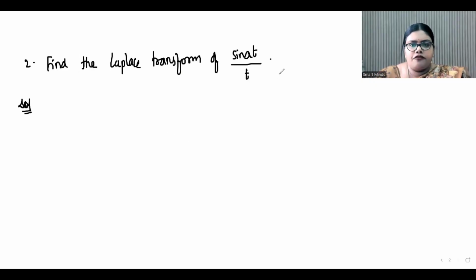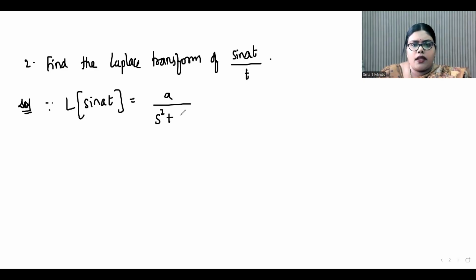Take the next question. Find the Laplace transform of sin at by t. Now we know that L of sin at is equal to a by s square plus a square. That is equal to f bar of s. Now division by t.